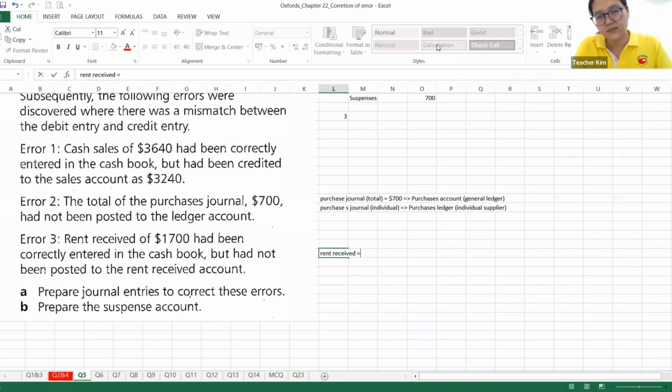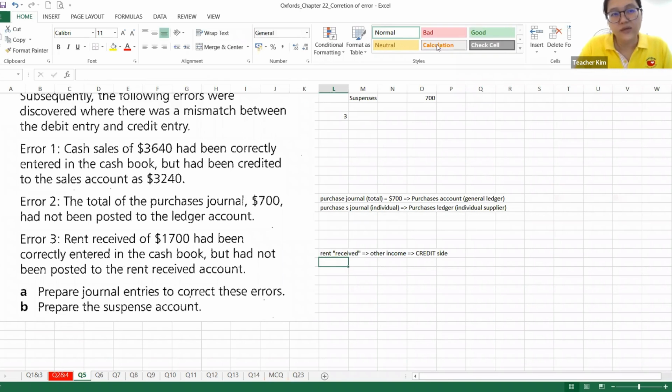The word "received" is telling you this is an income account, other income. Other income is on the credit side, and it was omitted, meaning we forgot to do the credit side.